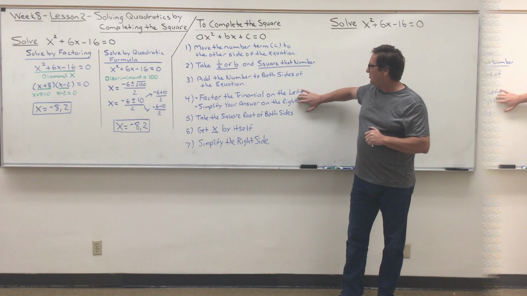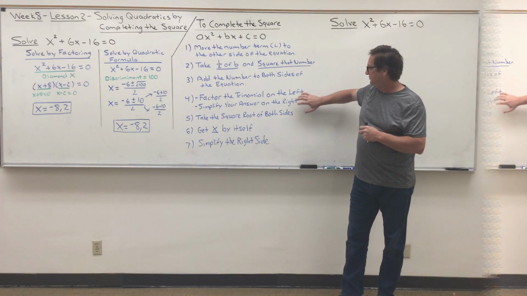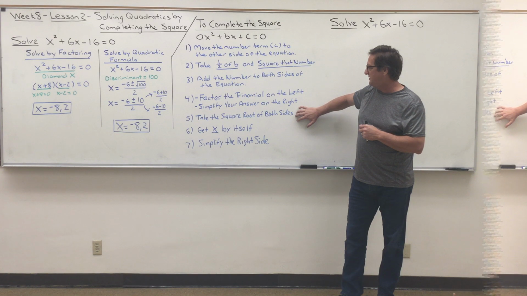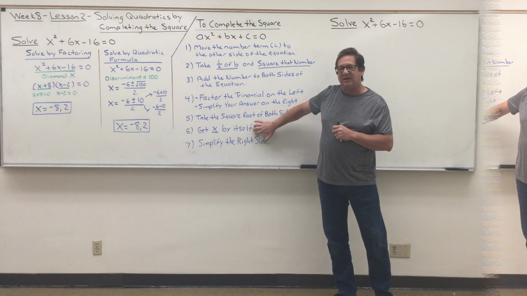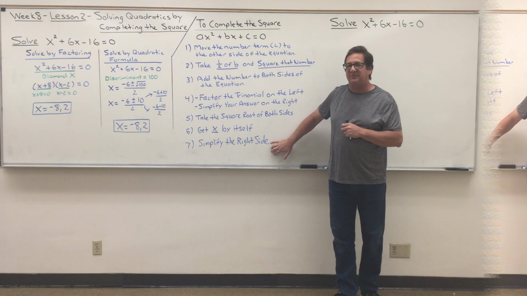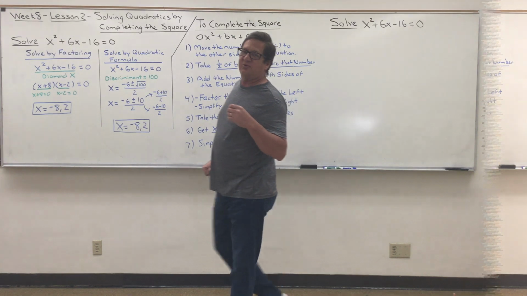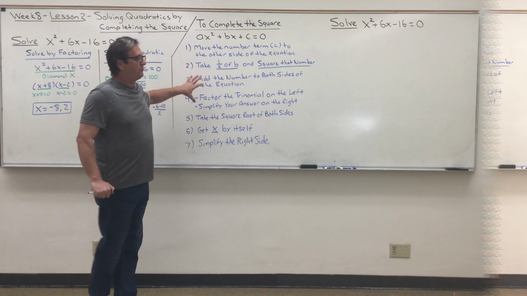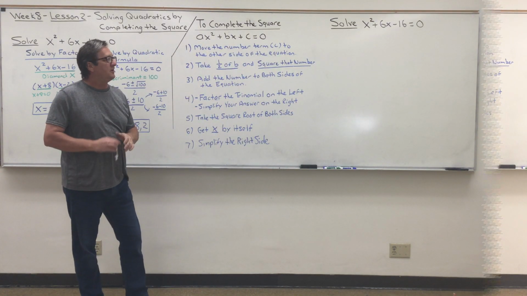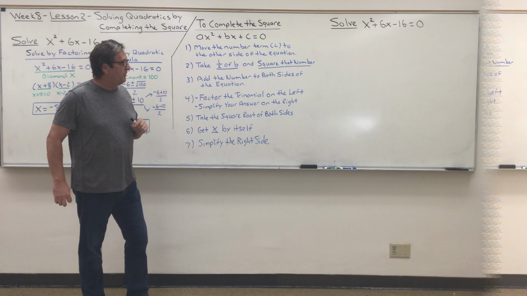Factoring the trinomial will be our biggest work, but there's a shortcut there that you're going to learn. You can take the square root of both sides, you can get x by itself, and then you're going to see how to simplify the right side. And so I'm going to take you through this 7-step process on the 4 examples that we're going to work today. Okay? All right.